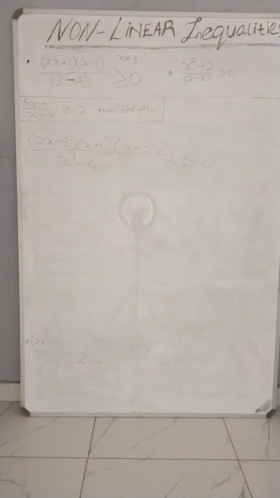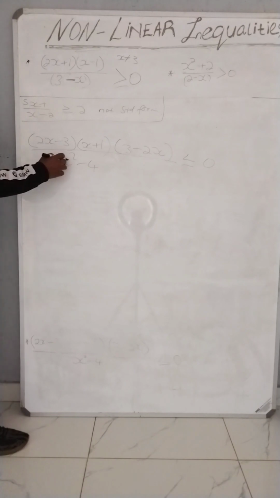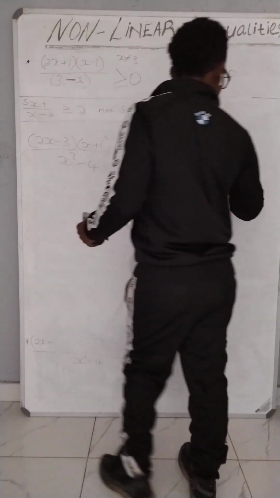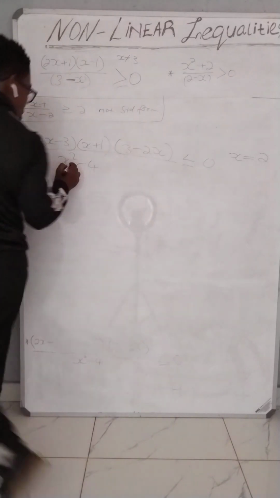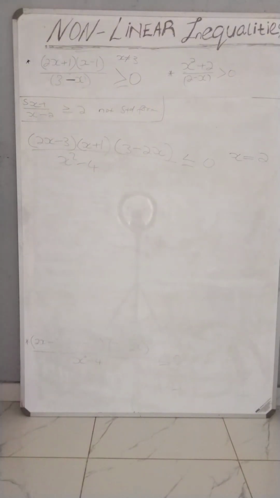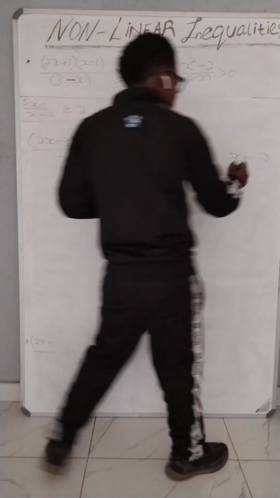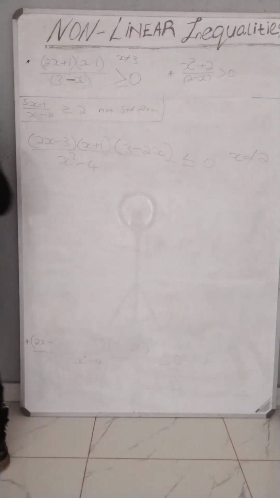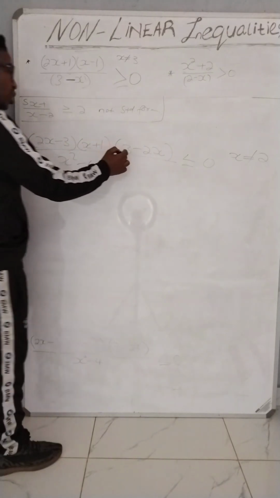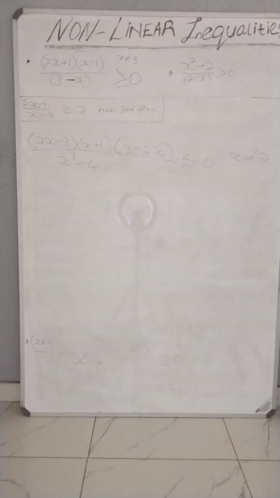Immediately, you can see if you have x equal to 2, you will have 2 squared minus 4, which is 4 minus 4, and that is 0. So x cannot be equal to 2 because you will have undefined because of this denominator over here. Right, now if you examine your expression, you will realize that 2x minus 3 and 3 minus 2x are a bit similar.